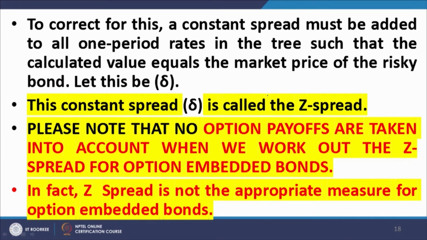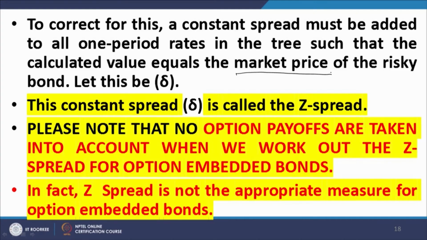So, to correct for this, a constant spread must be added to all the one period rates in the tree such that the calculated value equals the market price of the risky bond. We add this value to all the interest rates on the tree such that when we work out, using backward induction, the computed value of all the future cash flows emanating from the instrument, they equate the current market price of the instrument.